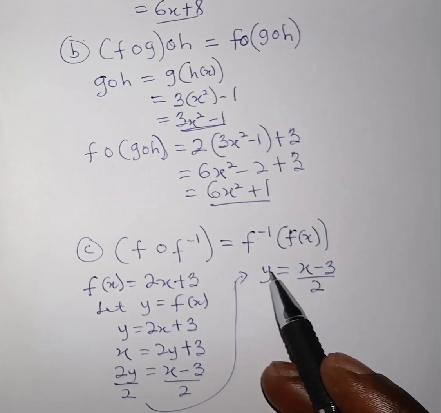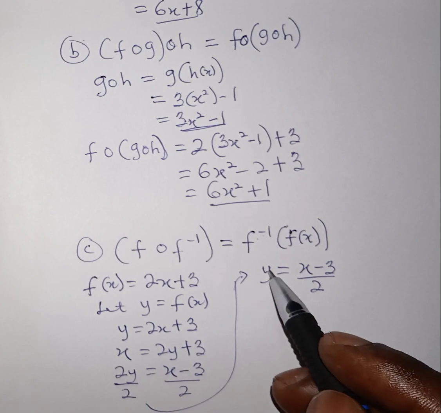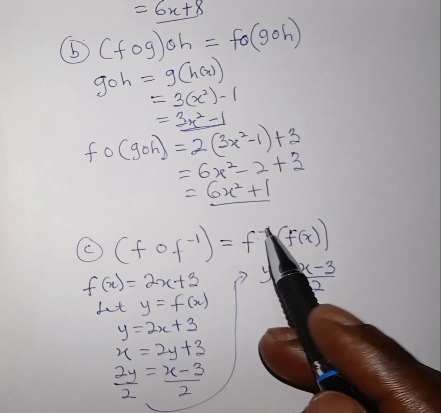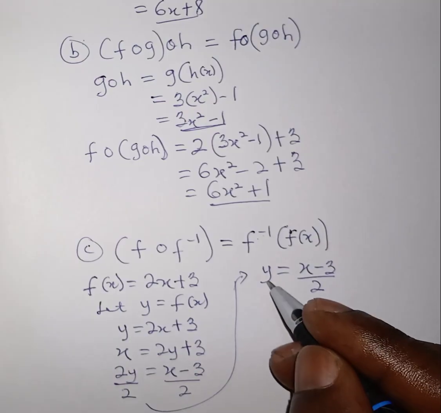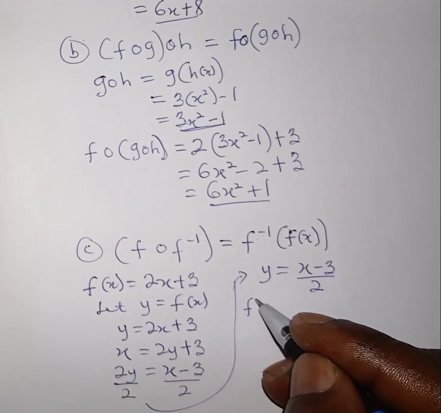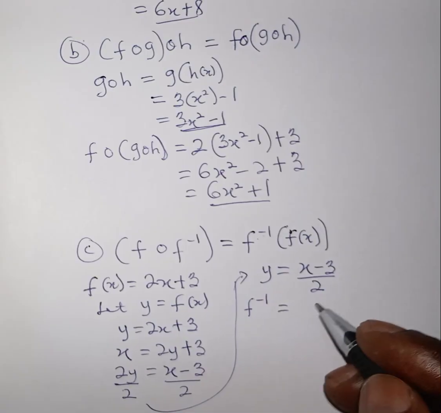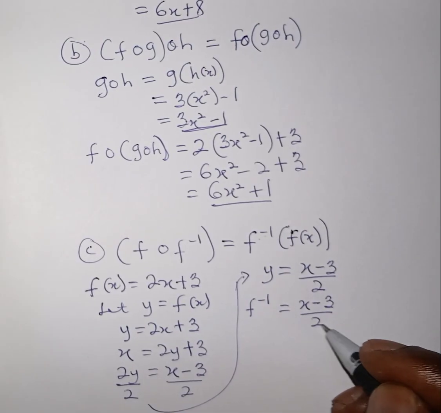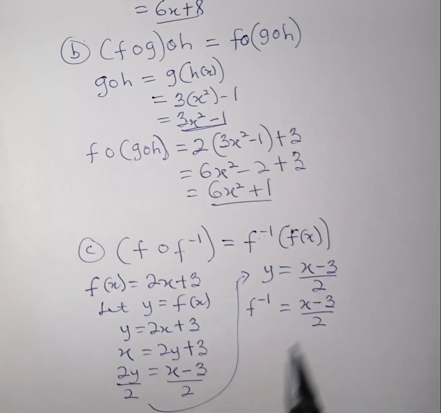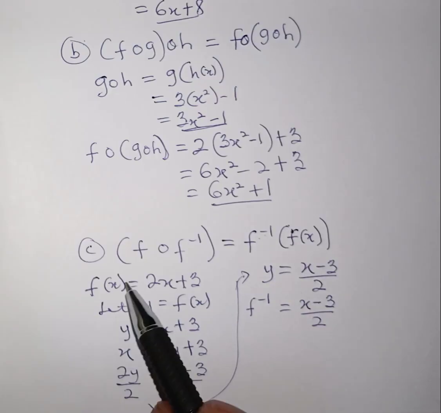Now we said that after finding y, you have to replace the y by its inverse, that is f inverse. So I will just write f inverse, which is equal to x minus 3 all divided by 2.